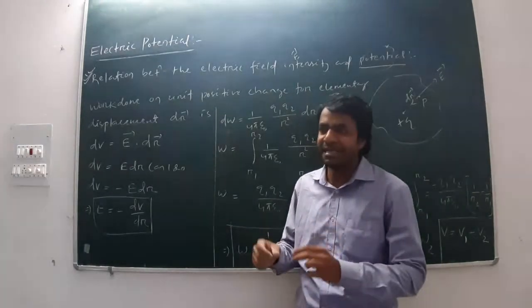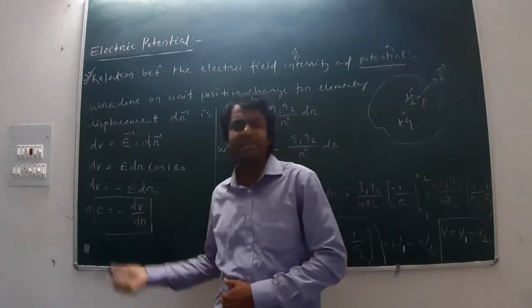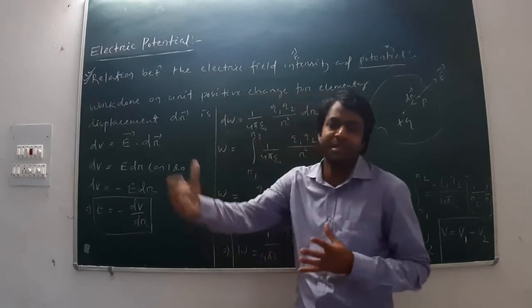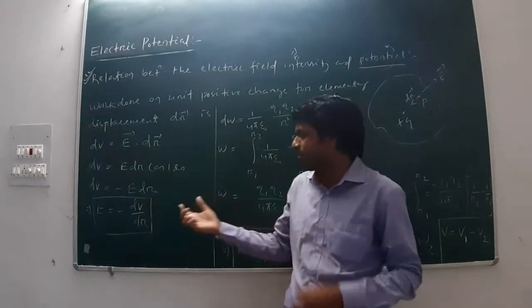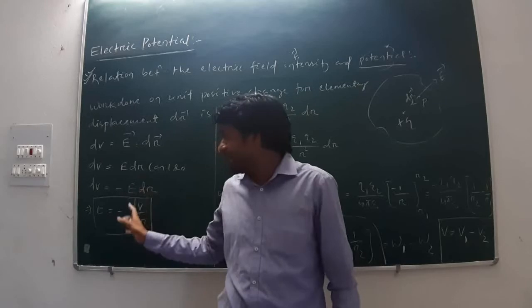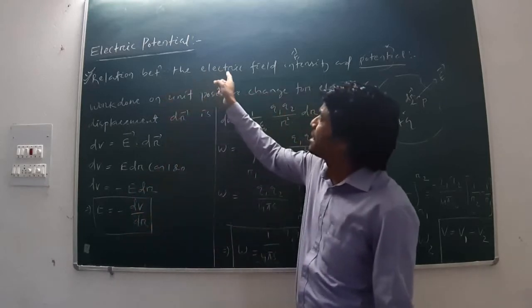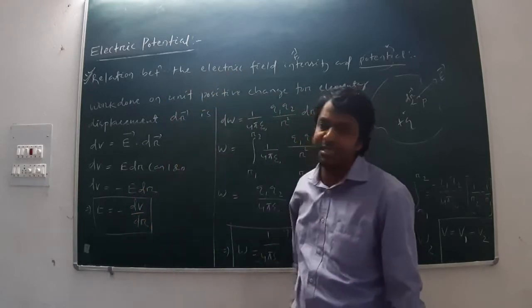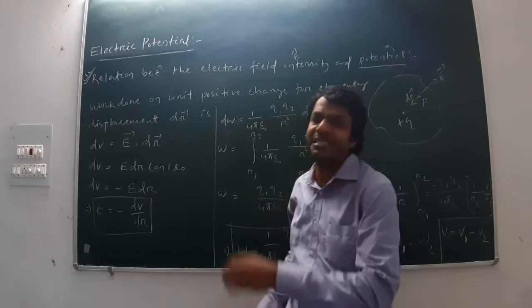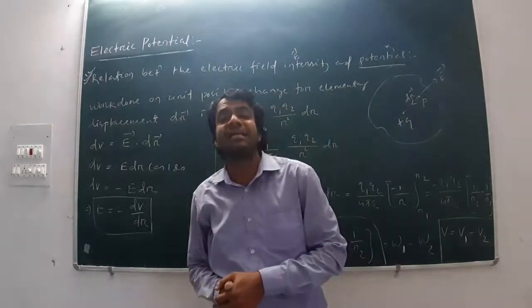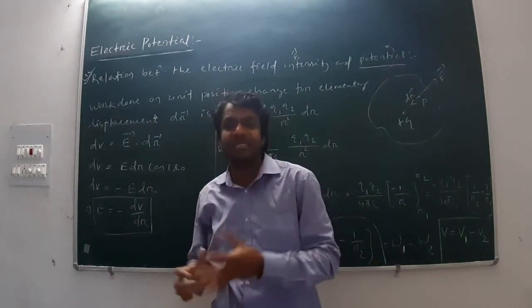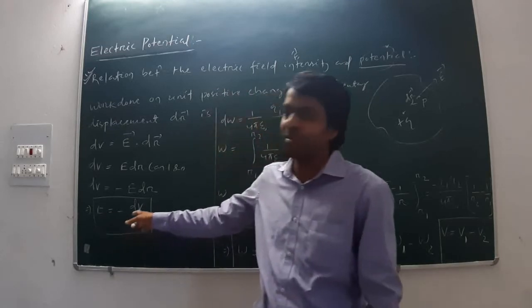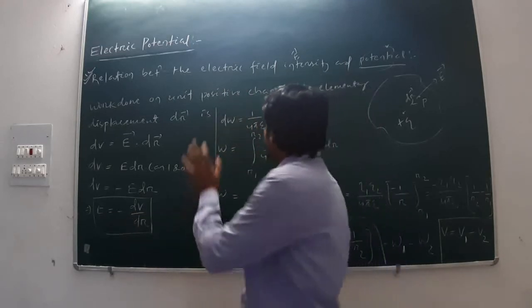Potential gradient means the derivative of the potential with respect to displacement. So the relation between the electric field intensity and the potential is that the electric field intensity is equal to minus the electric potential gradient. Remember this formula for numerical purposes.